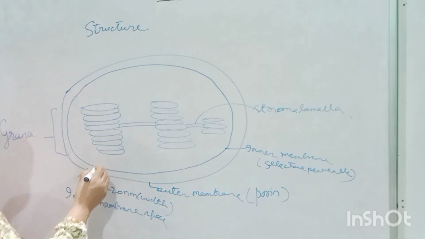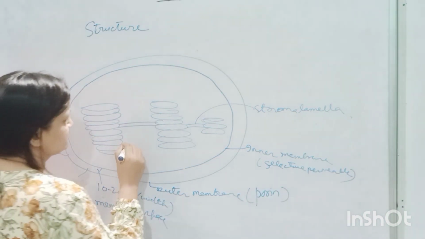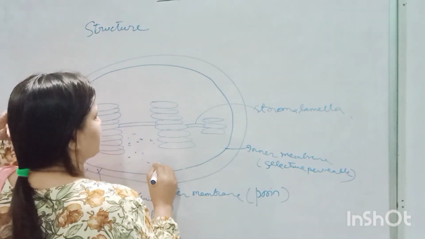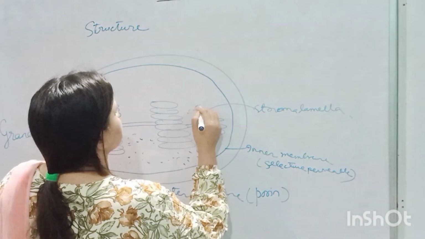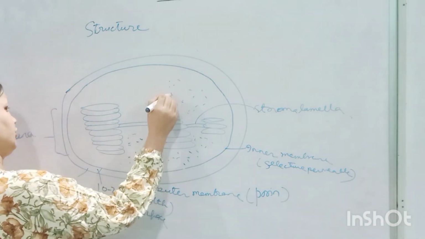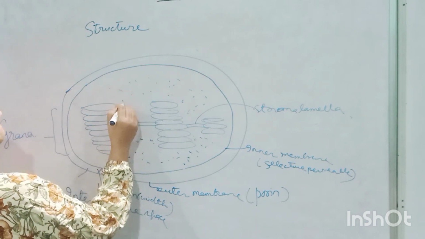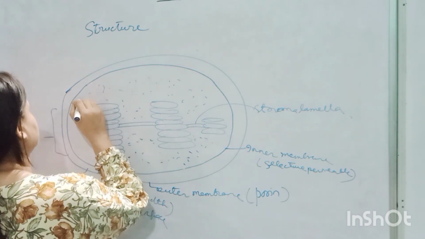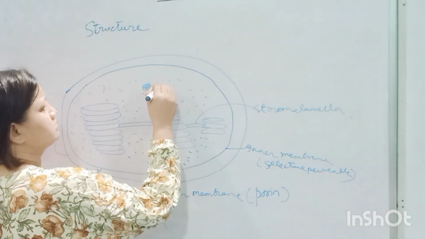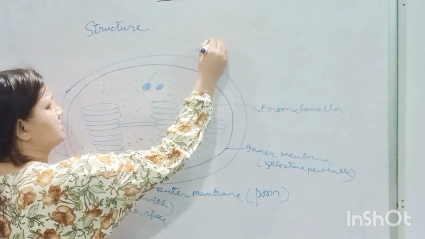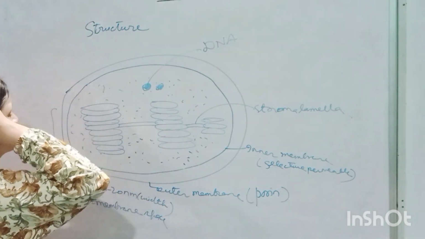Just like in mitochondria there is a matrix, in the same way in the chloroplast this jelly-like, fluid-filled space is called stroma. DNA is also present, so it is semi-autonomous in nature.